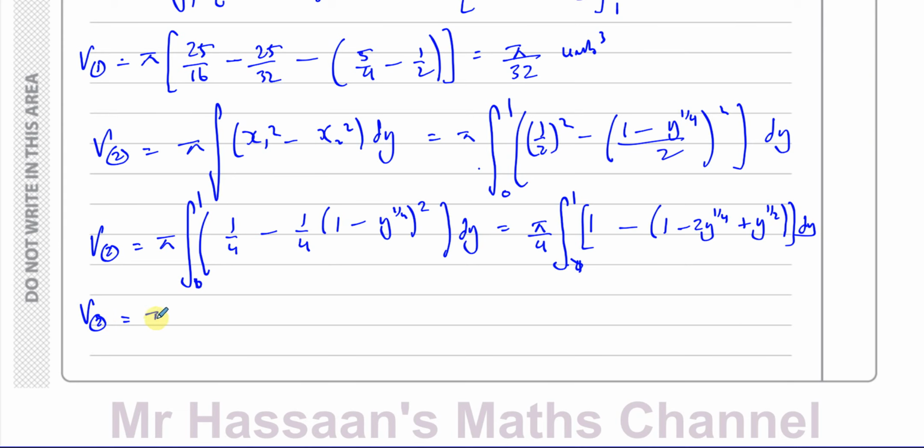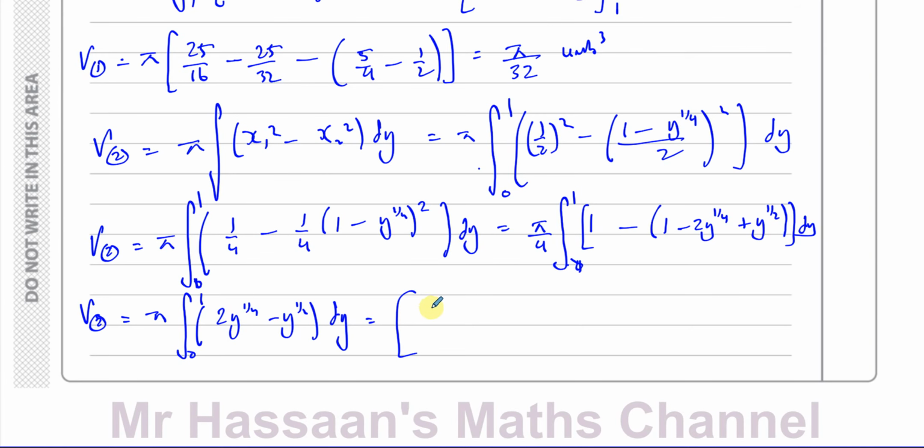So you're going to have pi times, now I have 1 minus 1, which is 0. So I'm left with minus 1 times minus 2y to the power of a quarter, which is positive 2y to the power of a quarter, and then minus y to the power of a half, integrated with respect to y between the limits of 0 and 1. I can integrate this.